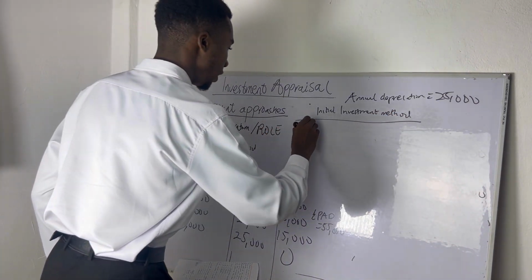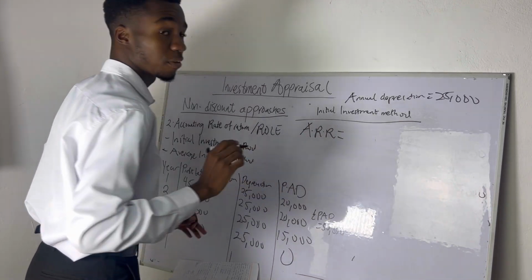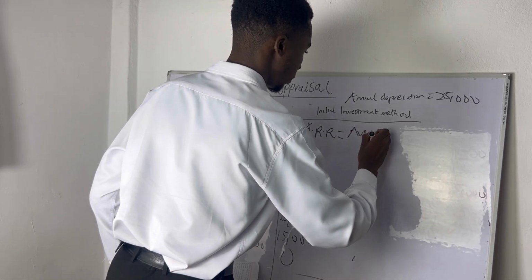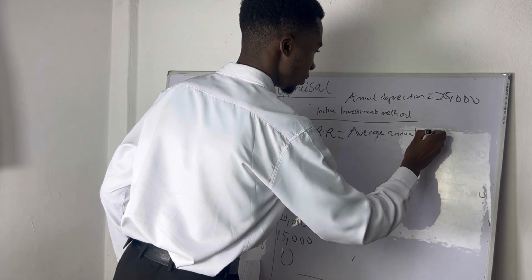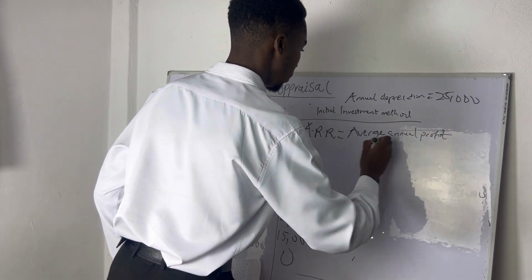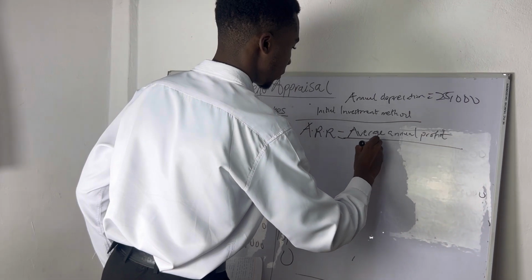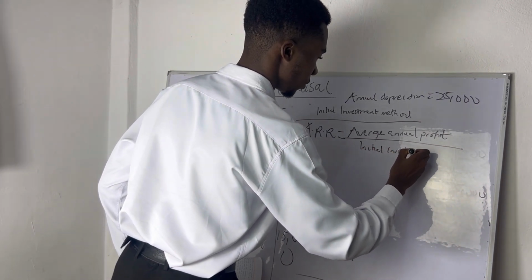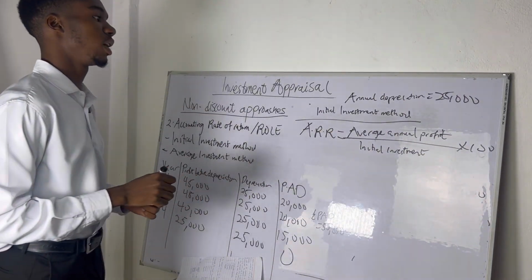The formula for the ARR is the average annual profit over the initial investment times 100, since it's a rate and we want to get a rate.